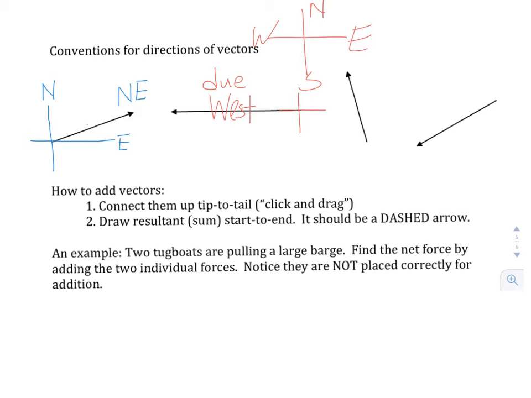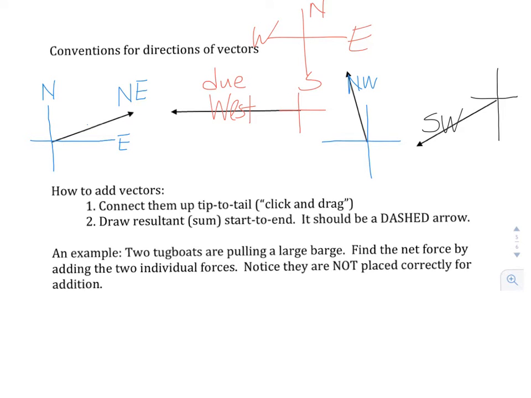Due west means 100% to the west, not at all to the north, not at all to the south. Let's see what this one is. I would say that this one is northwest, and that this one over here is southwest.